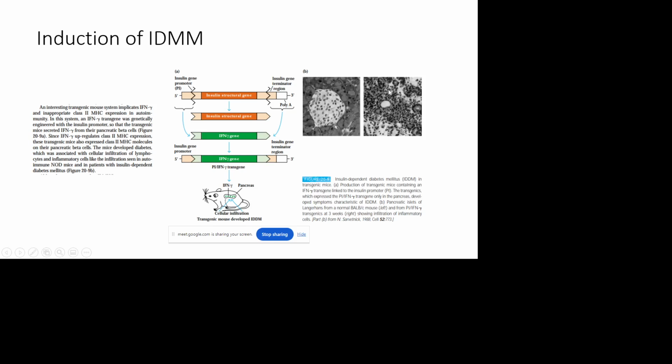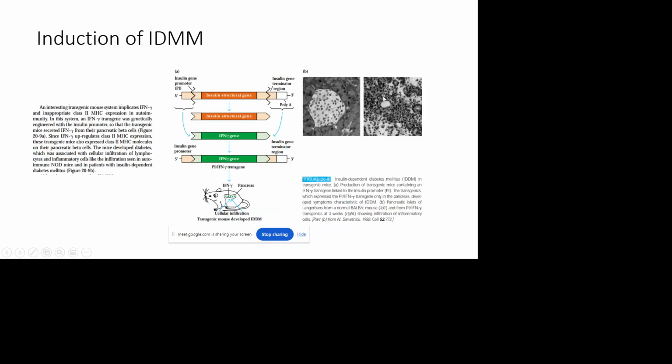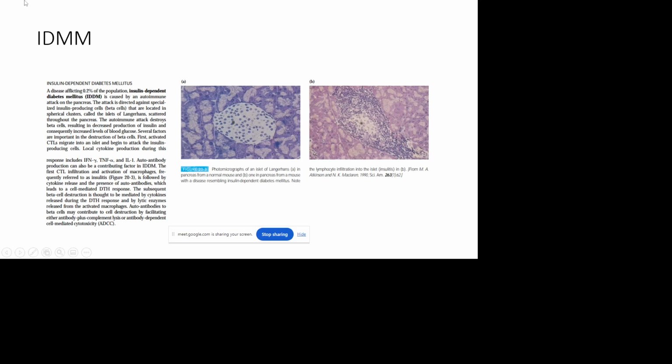So all will migrate to this pancreatic beta cell, and they will be activated by the helper T cell like here, and upon activation they will cause inflammation and damage the tissue, right? So insulin secretion will be compromised, so the mice will develop diabetes, which is known as insulin dependent diabetes mellitus, IDD.